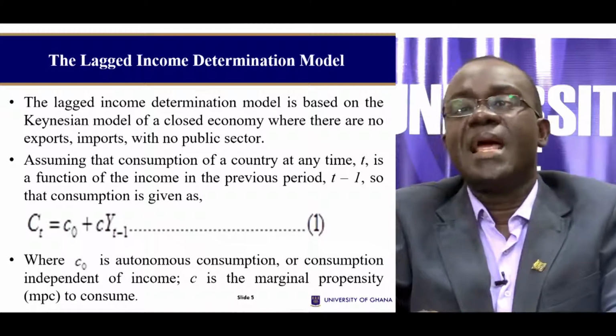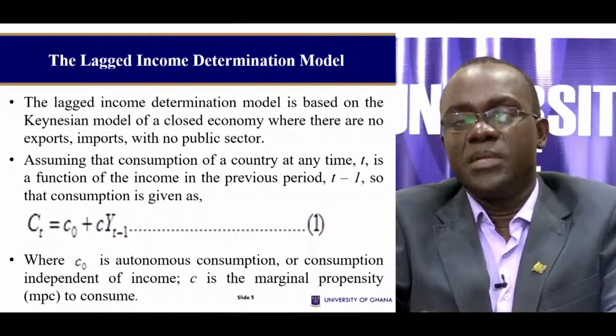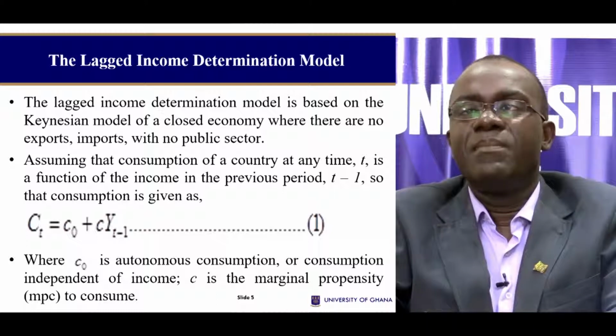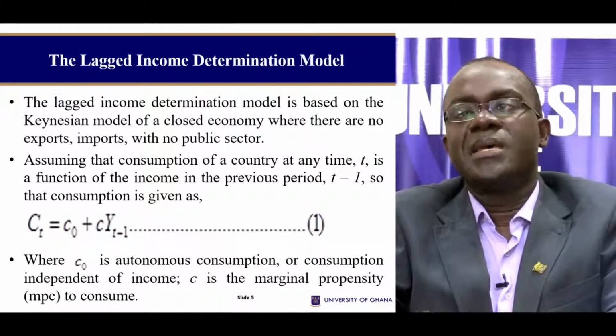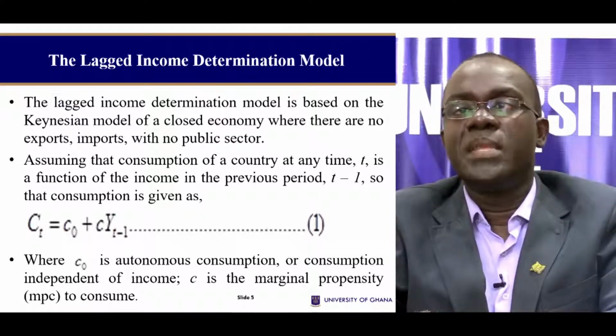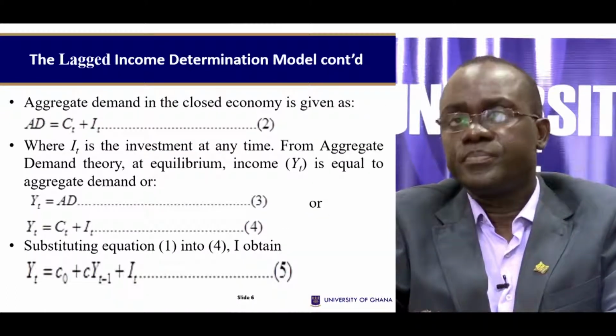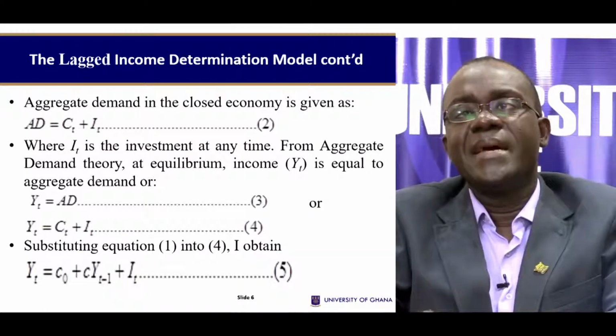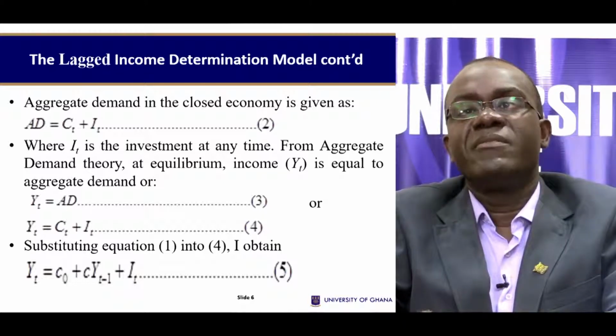Let's take the first one, the lagged income determination model. I think in macroeconomics, you've discussed that consumption depends on C0 plus C Y(t-1), where C0 is autonomous consumption, C here is the marginal propensity to consume, and Y is your income. Notice that aggregate demand is also equal to consumption plus investment.